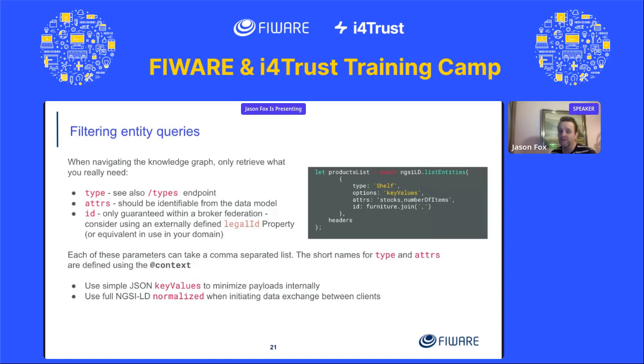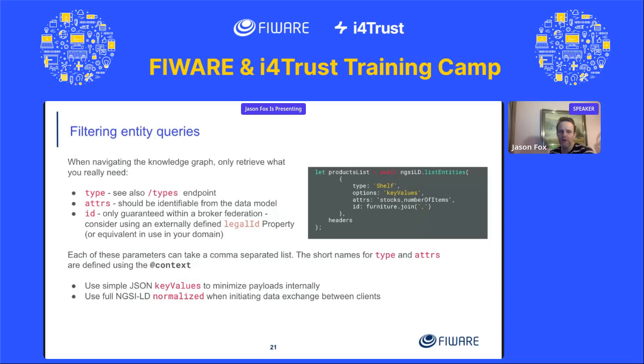Well, there is a type attribute filter, so you can just get shelves. Similarly, you can just get a certain number of attributes from your data, and indeed, the ID should be unique within your federation. Now, I said within your federation. If you have data from an external system, they hopefully won't, but they may be using the same IDs as you are.